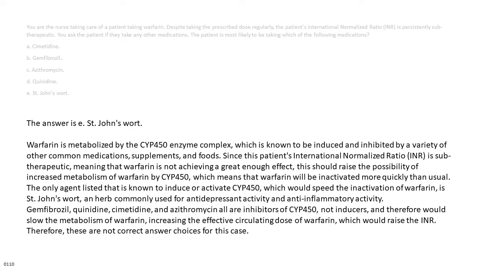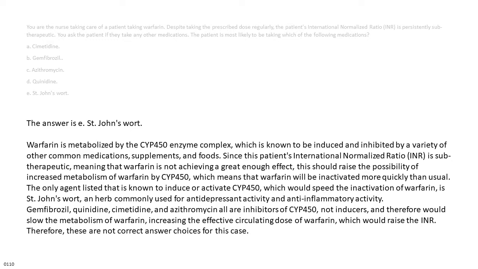this should raise the possibility of increased metabolism of warfarin by CYP450, which means that warfarin will be inactivated more quickly than usual. The only agent listed that is known to induce or activate CYP450, which would speed the inactivation of warfarin, is St. John's wort, an herb commonly used for antidepressant activity and anti-inflammatory activity.